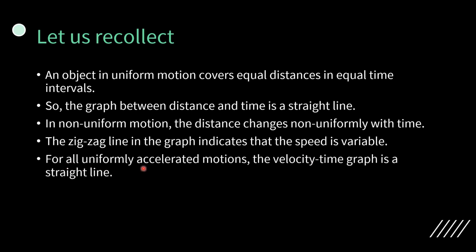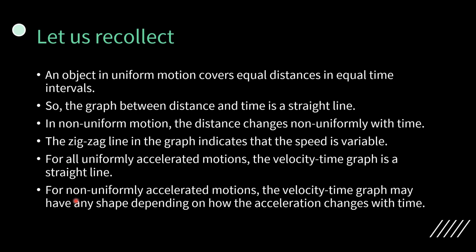For all uniformly accelerated motions, the velocity time graph will be a straight line, and for non-uniformly accelerated motion, the velocity time graph may have any shape depending on how the acceleration changes with time.